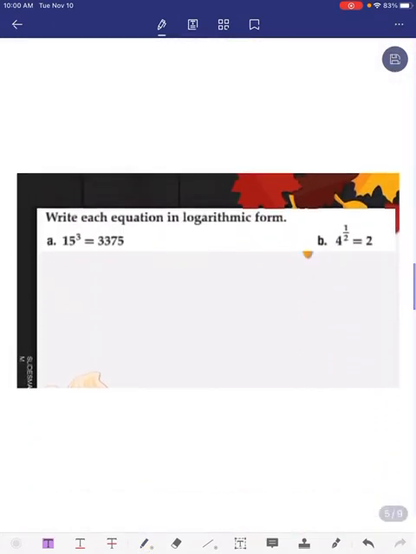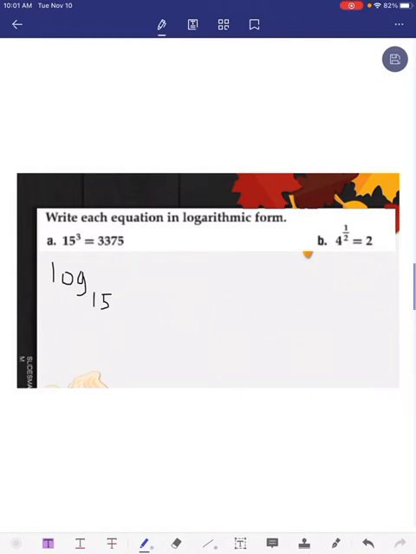So let's go ahead and go the other direction. This time they give it to us in exponential form, and we want to rewrite it in logarithmic form because sometimes we'll need to put it in one or the other, so we need to be able to go both directions. So again, my base of my exponent is going to be the base of my logarithm. So I'm going to have log base 15. Okay, it's important to remember that the little subscript, the 15, is my base.